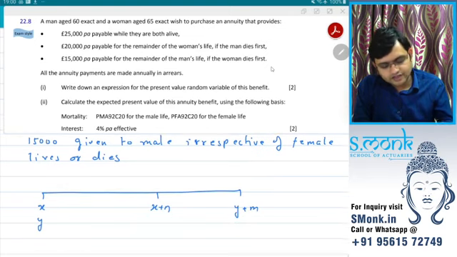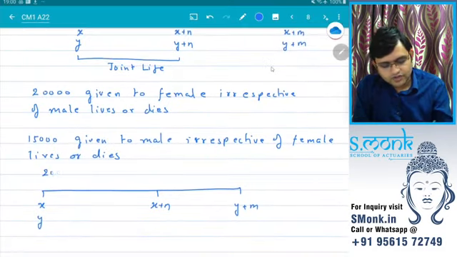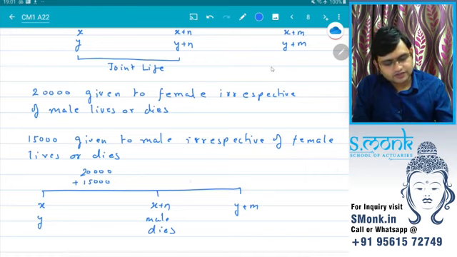So we said that 20,000 was given to female and 15,000 was given to male. I'll just say 20,000 plus 15,000 was given to both of them, right? Both lives, 20,000 plus 15,000. And as male dies, only payment to the female is left. So I'll say 20,000 is left.